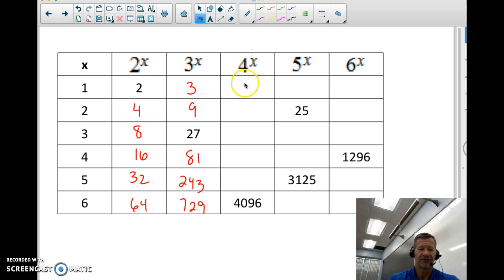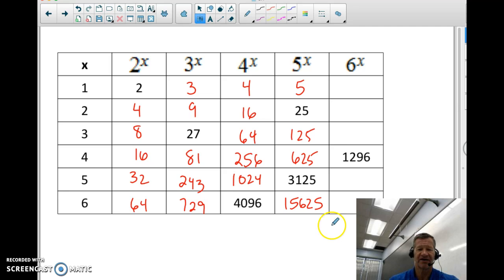4 to the x. 4 to the first is 4. 4 to the second, 16. 4 to the third, 64. 4 to the fourth, 256. 4 to the fifth is, what's that, 1,024, and then 4 to the sixth. Now, we're going to just fill out this entire chart just so that you can recognize different things. I think this is 15,625.